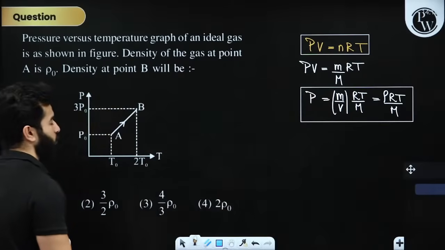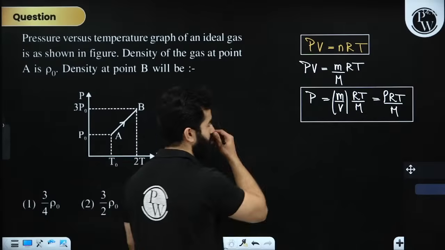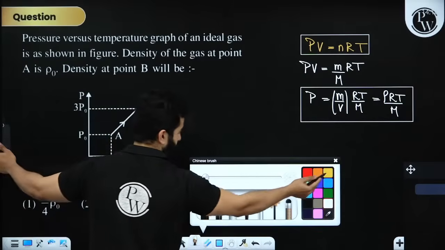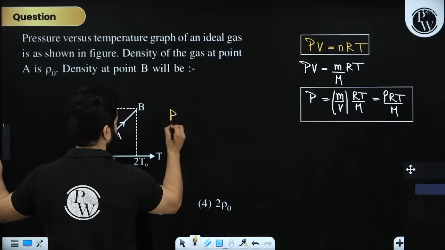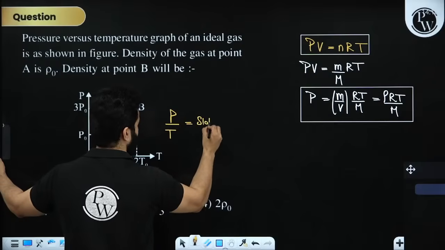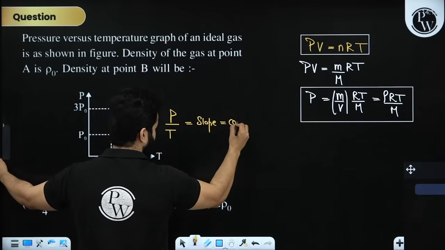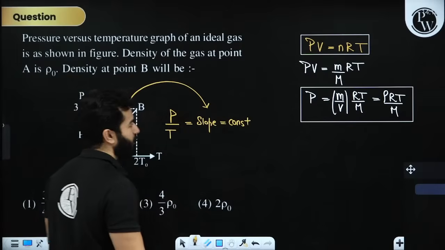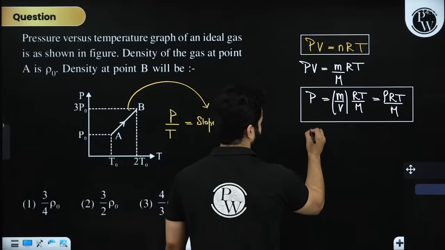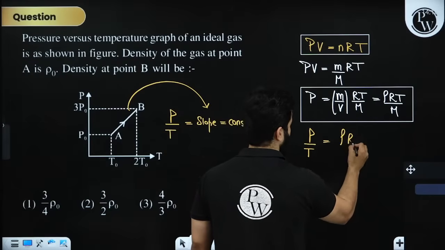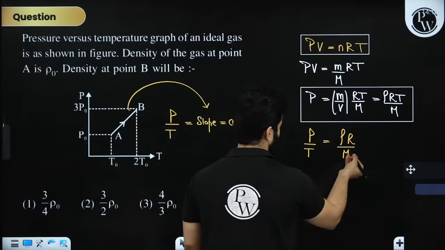Right? So in this problem, we can see that P upon T is actually the slope, and it is constant in this graph. So P upon T will be equal to rho R by M. R by M is also constant.